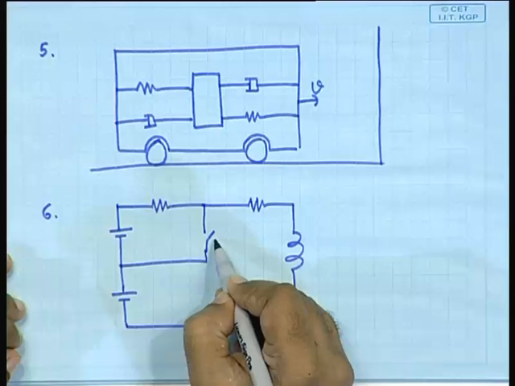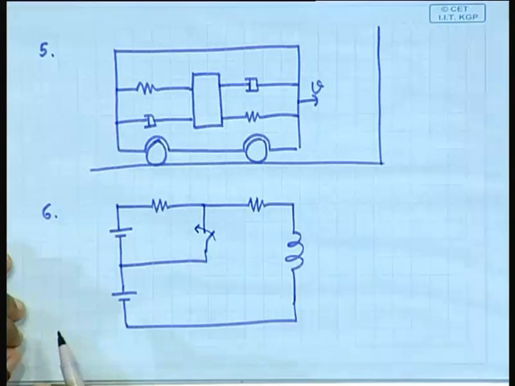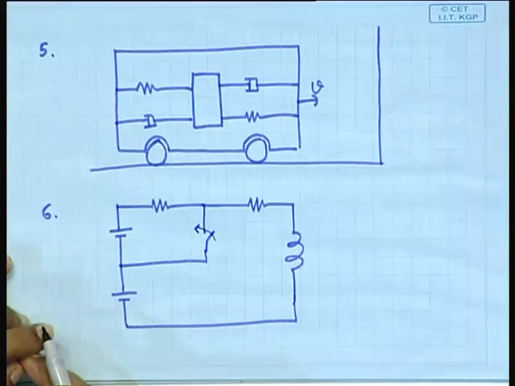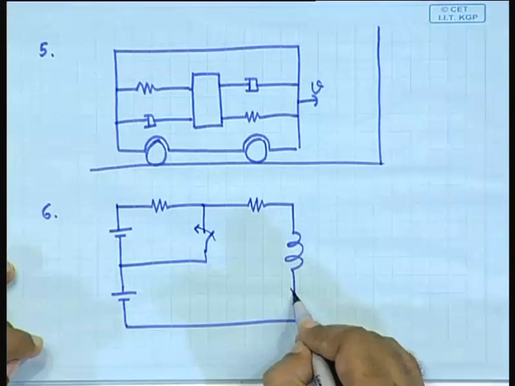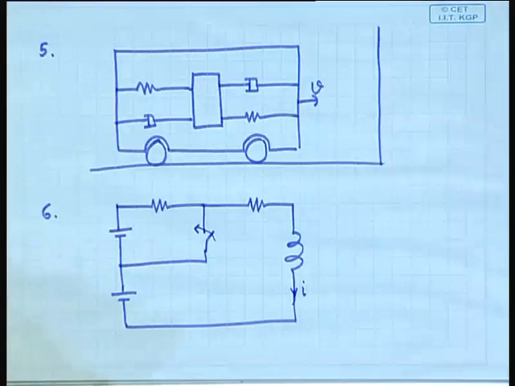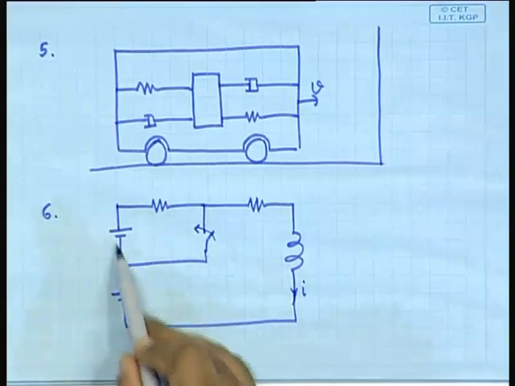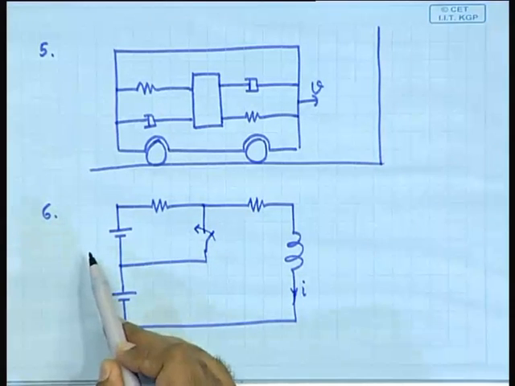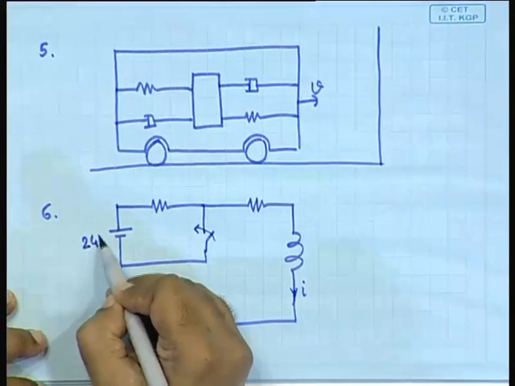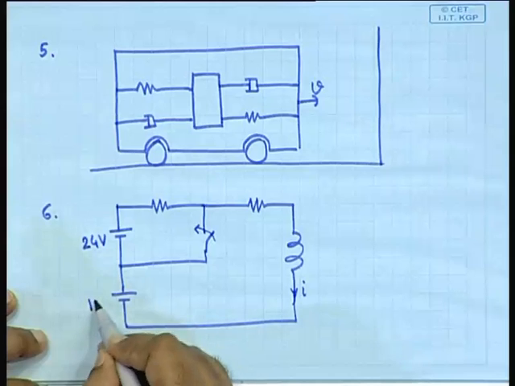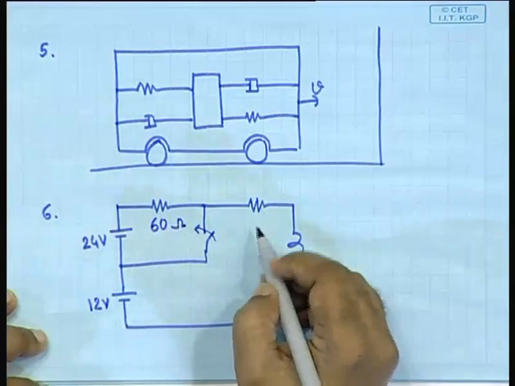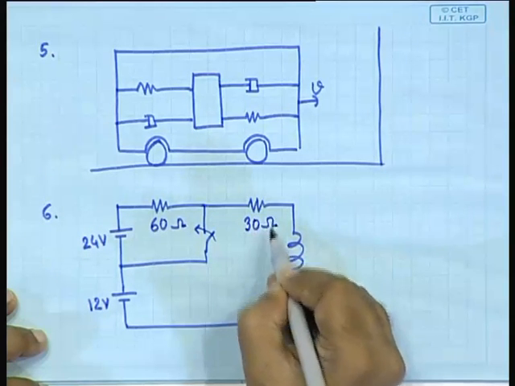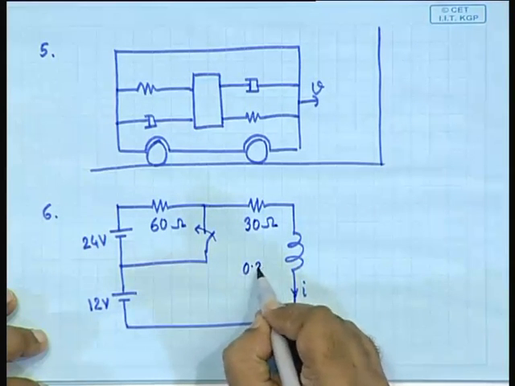So, at t equal to 0 it is closed. You have to find the waveform for this inductor current I. When it is open, it is this circuit. This is 24 volt, this is 12 volt, this is 60 ohm, this is 30 ohm and this is 0.3 Henry.